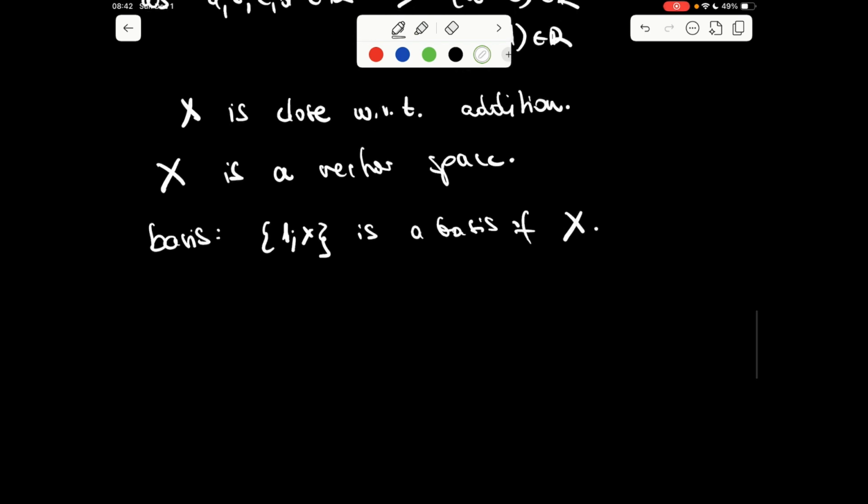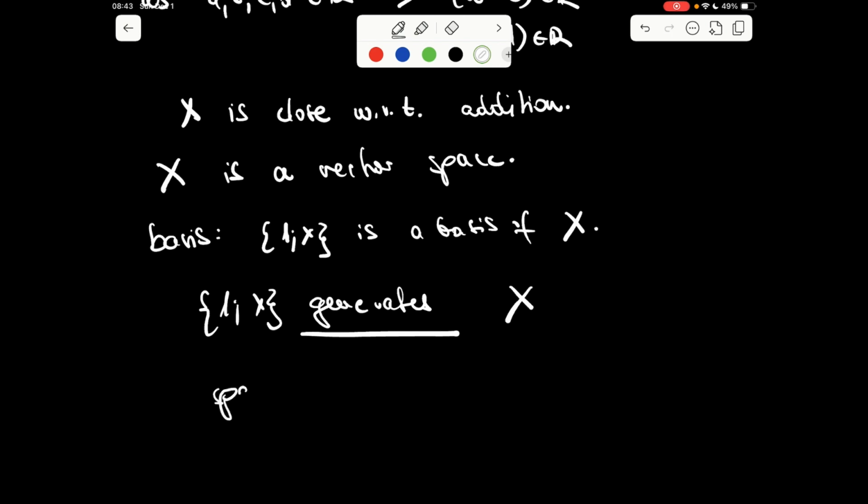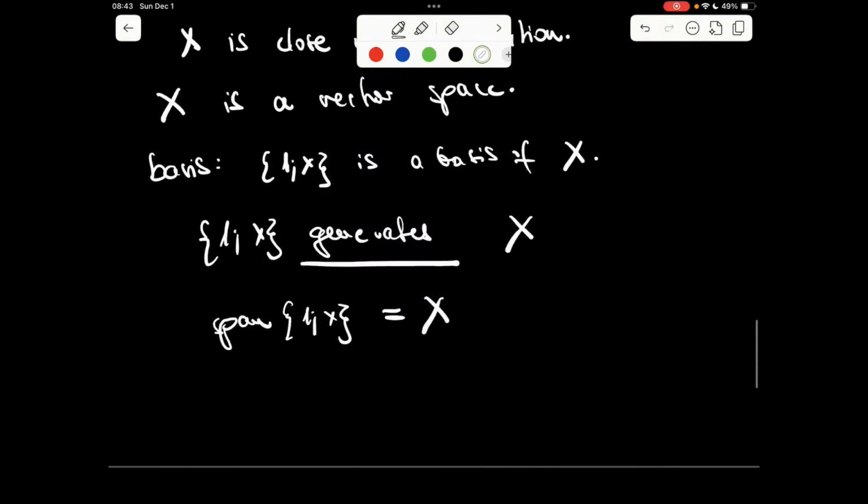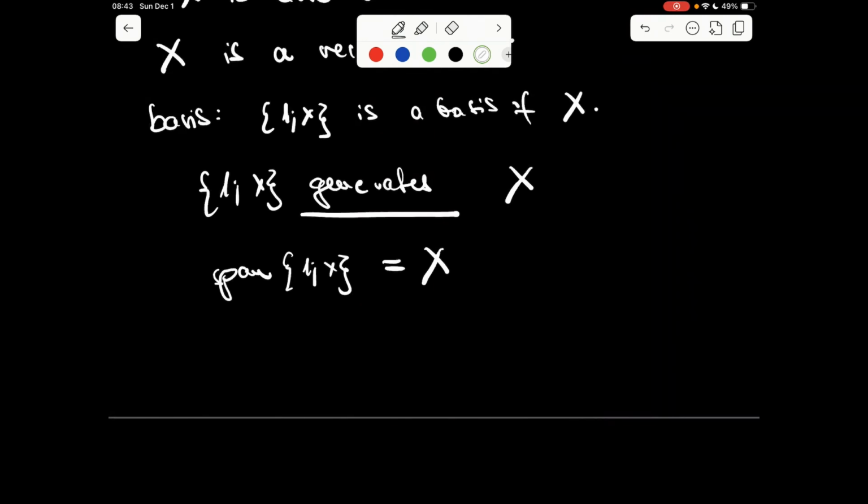Okay, so we say that this basis generates X, or the span of these two vectors is X itself. So we must show that the vectors in this basis are linearly independent to form a basis.